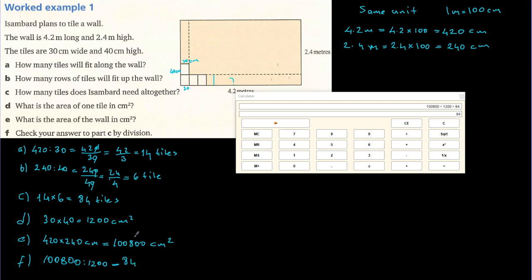It is the same, because all the operations are with respect to centimeters square.